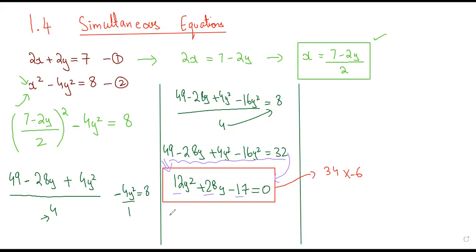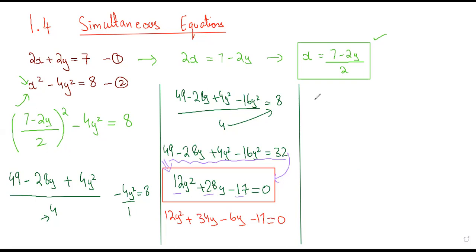Let's try this one. So it is going to give me 12y squared plus 34y minus 6y minus 17 equals 0. And then I can just take things common.